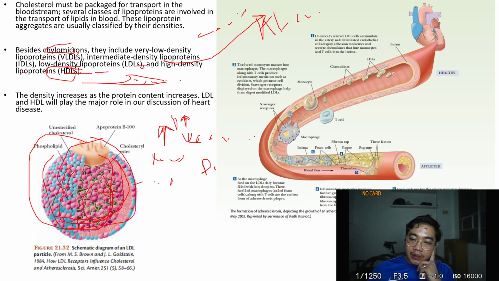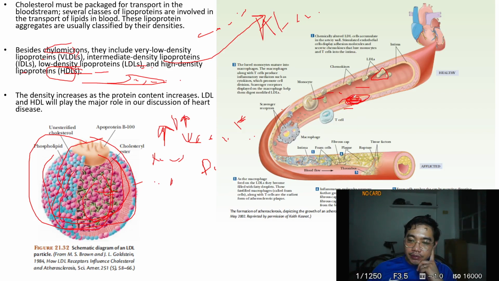So what will happen is your LDLs will deliver cholesterol to your tissues. Eventually, remember that fat in general is pro-inflammatory, so it gets damaged when fat is deposited in your blood vessel.